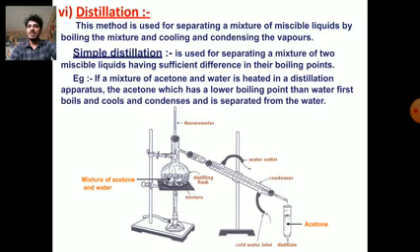For example, if a mixture of acetone and water is heated in a distillation apparatus, the acetone, which has a lower boiling point than water, boils first, cools and condenses, and is separated from the water.